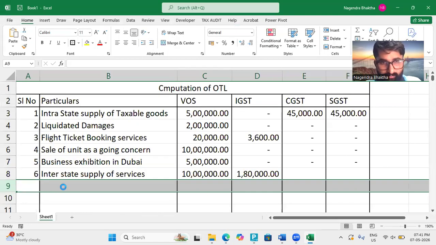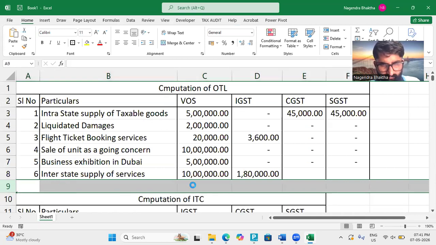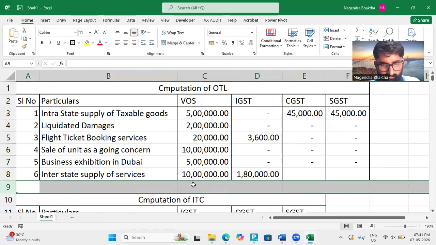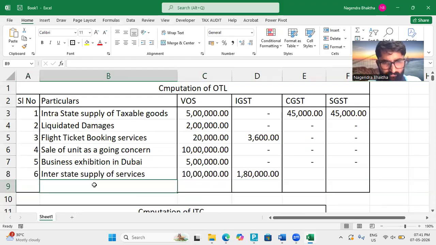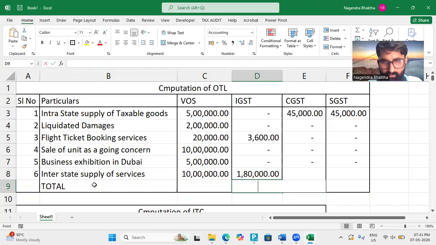Now total OTL. How much is the total OTL? Okay, total. So here all sum.